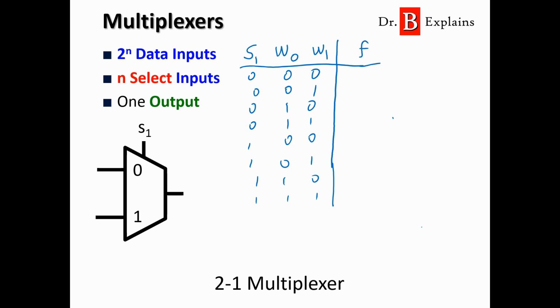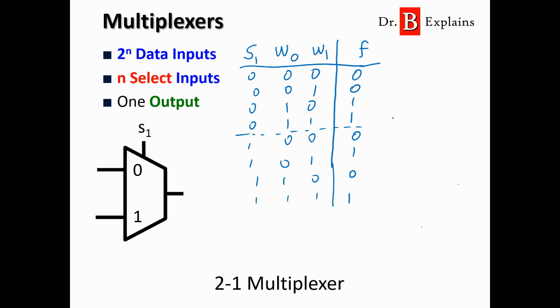And so if S1 is a 0, it chooses the W0 values. If S1 is a 1, it chooses the W1 values. So in the top part, it's just going to choose 0 0 1 1. The bottom part is going to choose the values of W1, so 0 1 0 1.